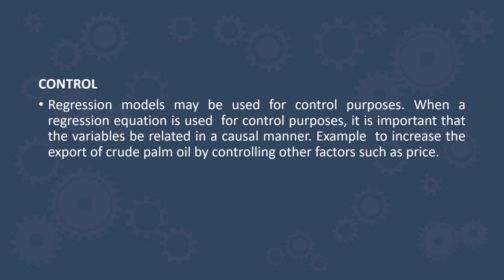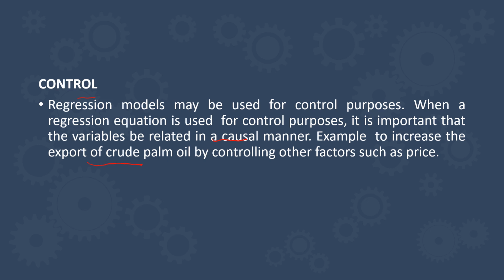Regression models can also be used for control purposes. This means we use them to manage or adjust certain variables to achieve desired outcomes. When applying regression for control, it is important that the variables are causally related. For instance, consider using regression to increase the export of crude palm oil.